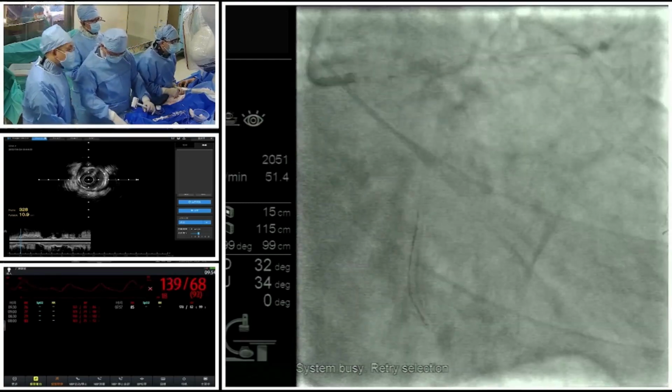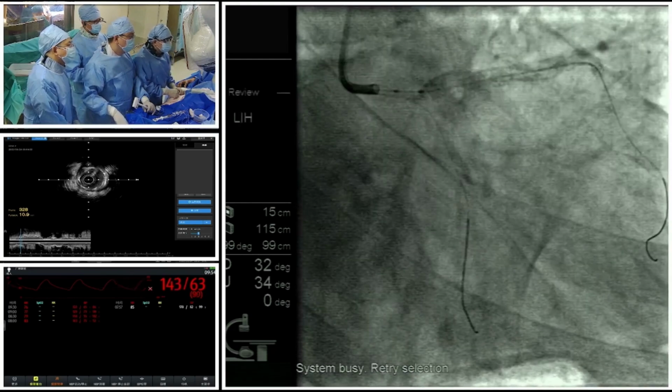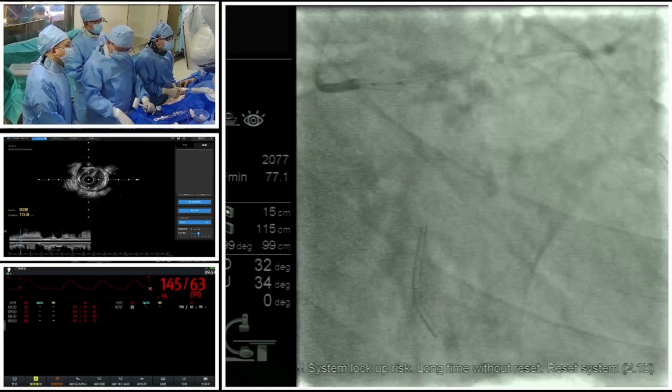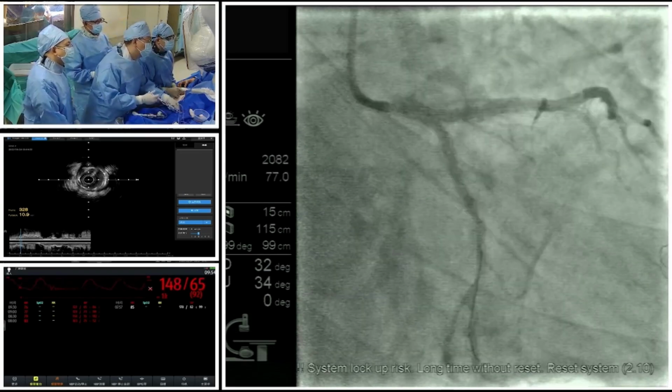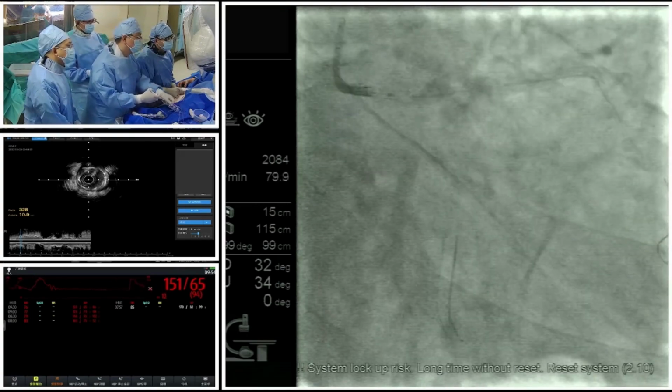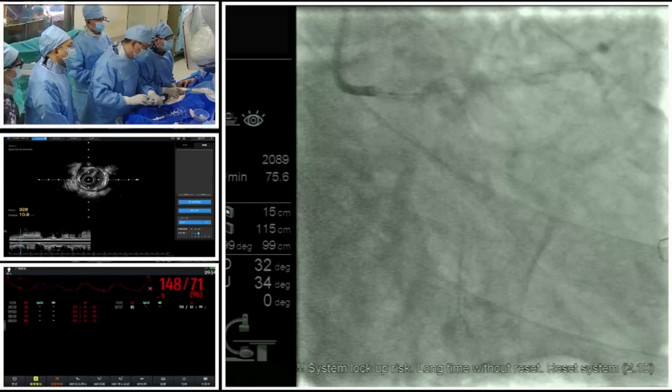Once we cross to the left main, because there's a difference in terms of diameter between the left main and the proximal LAD, after the stenting we always have to do the POT in the distal left main to get a better stenting result. Slowly to 20.